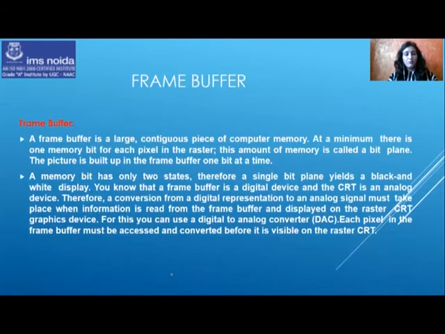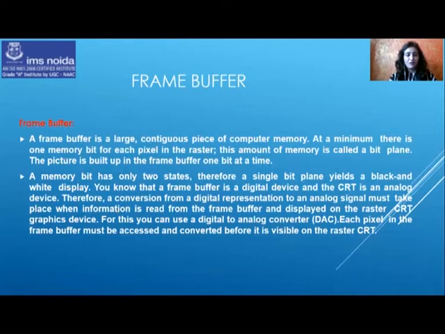So moving further, there are some very important things in computer graphics. The next thing is called a frame buffer. A frame buffer is a temporary buffer area where the picture definition is stored. Before the picture goes to the display, the image is held in pixels in the form of 0 and 1.